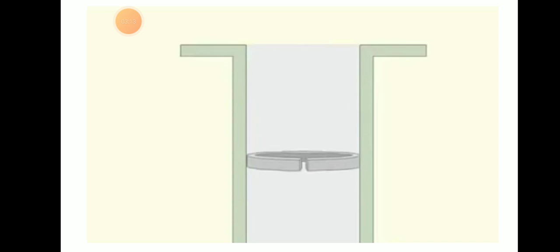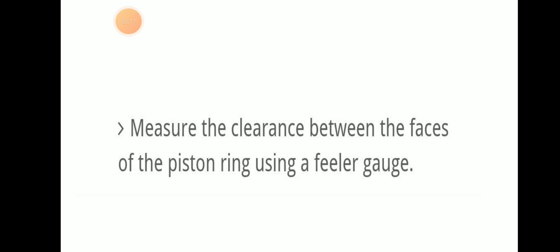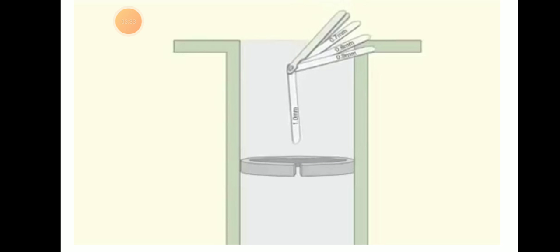Then we measure the clearance between the faces of the piston ring using a feeler gauge. Here is a picture showing how to measure the clearance using a feeler gauge.